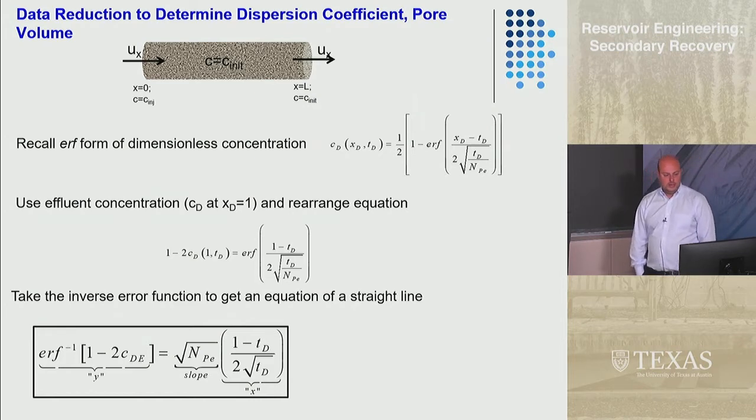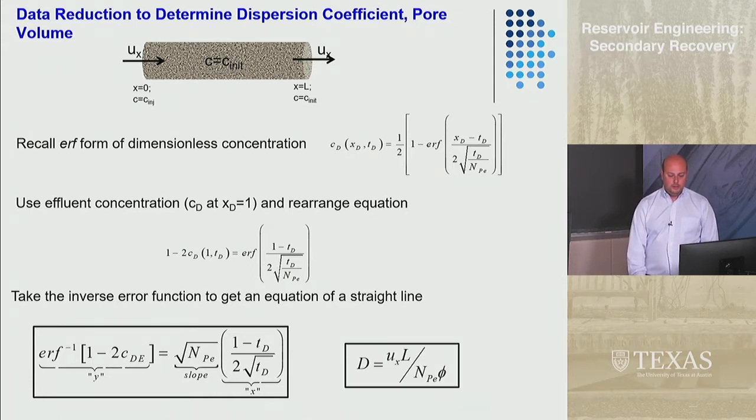And so what we said last time is that if you were to plot the inverse error function of 1 minus 2 times the dimensionless concentration, versus this (1 minus t_D) divided by 2 times the square root of t_D, that should be a straight line through the origin. And the slope of that line will be the square root of the Peclet number.